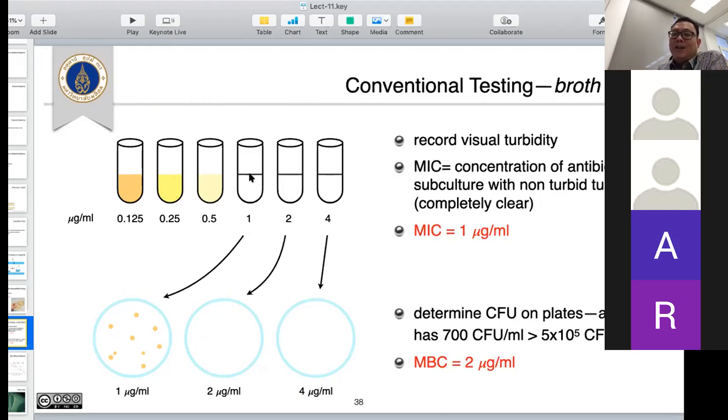That means this concentration has efficiency to stop growth, but not efficiency to kill bacteria, okay? But the minimum bactericidal concentration is 2 microgram per ml. This is the concentration that clears the bacteria. So we probably talk about MIC and MBC. You need to know how different these two are.